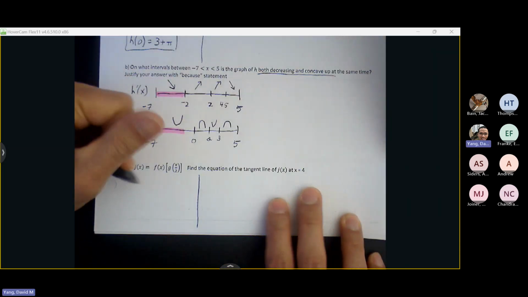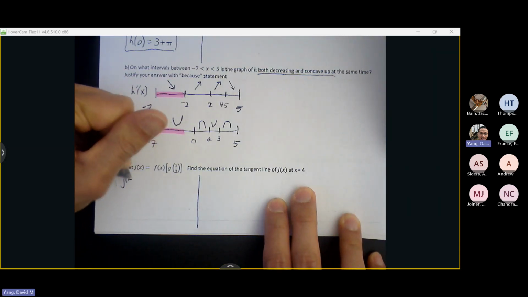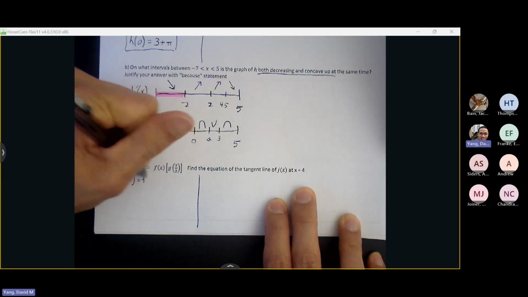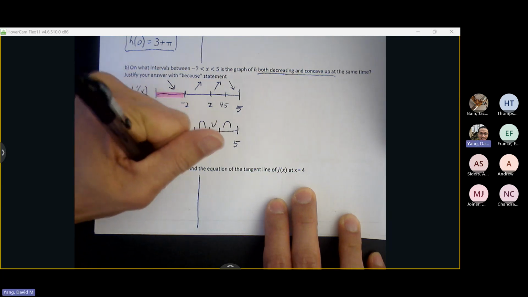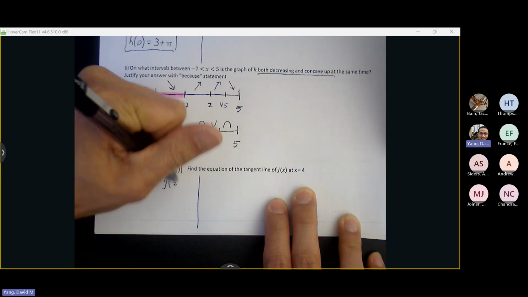Let's get the function here. So j of 4 equals f of 4 times g of 4 over 2.